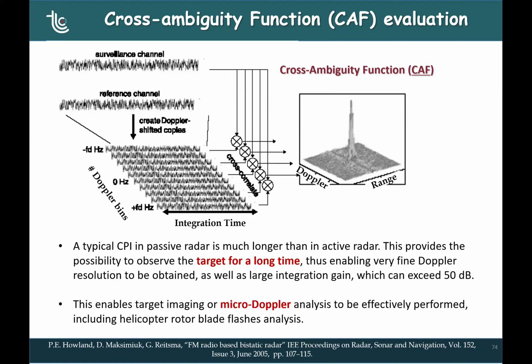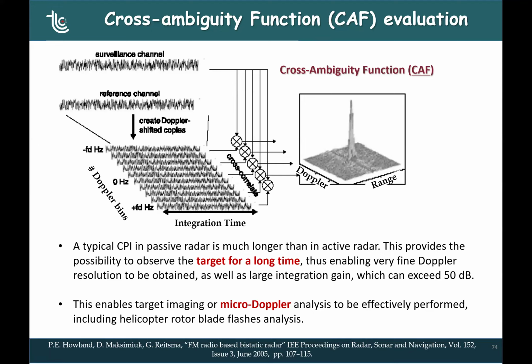The reference channel is shifted in multiple Doppler frequencies, the frequency of our interest, and then each reference channel, shifted by a different Doppler frequency on a long integration time, is correlated to the surveillance channel. And then we can build this three-dimensional quantity that is the cross ambiguity function.